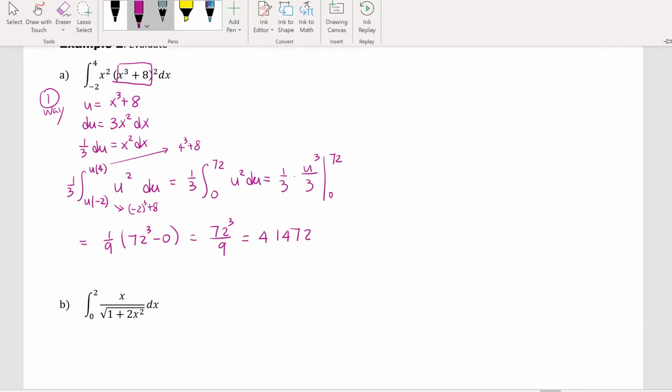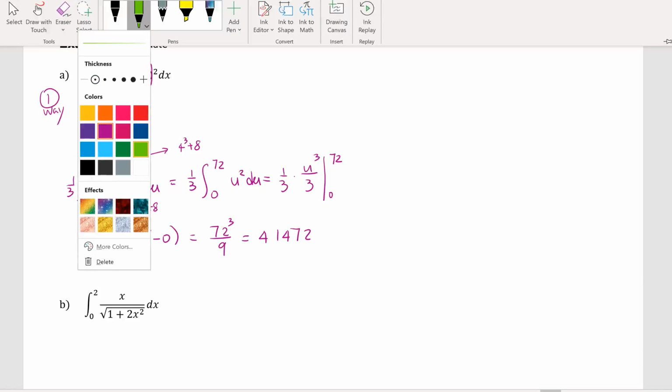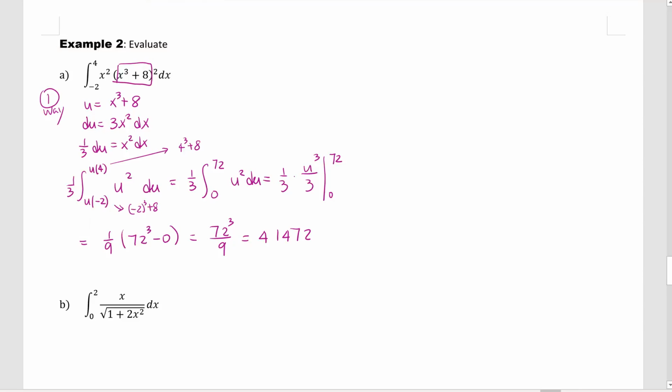Second way: let's keep the x values, and we need to get the x back and plug in for x. The same as previously, we set u and du, and 1/3 du is x squared dx.